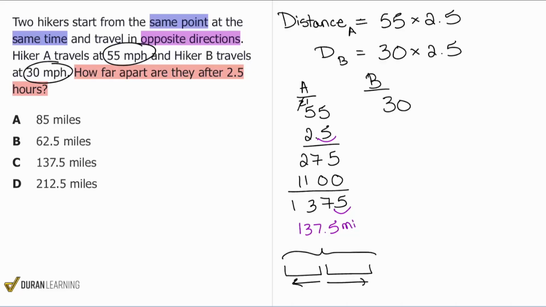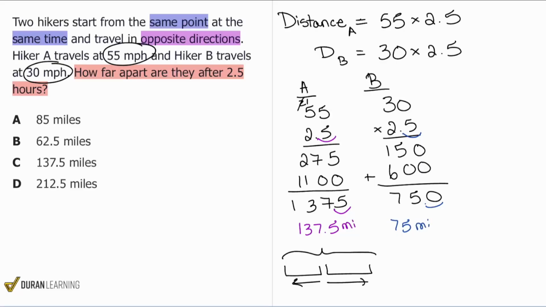We have 30 multiplied by 2.5. 0 times 5. 3 times 5 is 15. Then we'll move on to the next line. And then we have 0 times 2. 3 times 2. Add it all up. And we have 750. But how many decimal places are we bringing back? Again, we're just bringing back 1. Right there, right there. So now here we have 75 miles for hiker B.